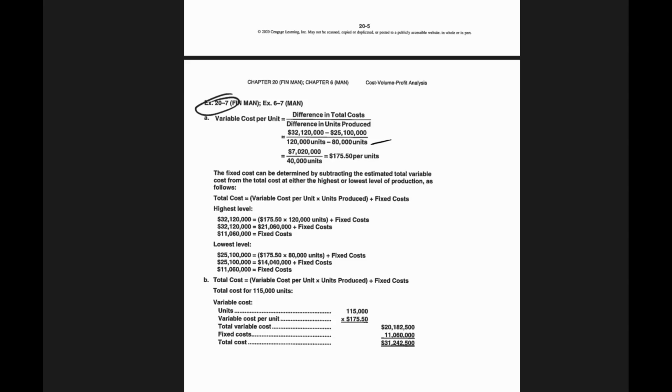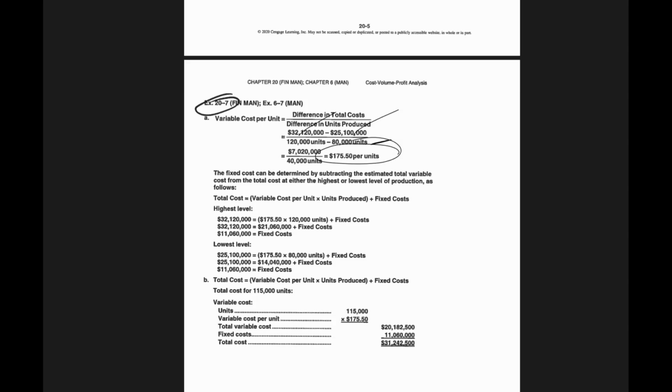Total cost, again the high, 32.12 million, and the low given there is 25.1 million. Calculating that, 7 million divided by 40,000 units is 175.50. Knowing that, we can say that is the variable cost per unit.